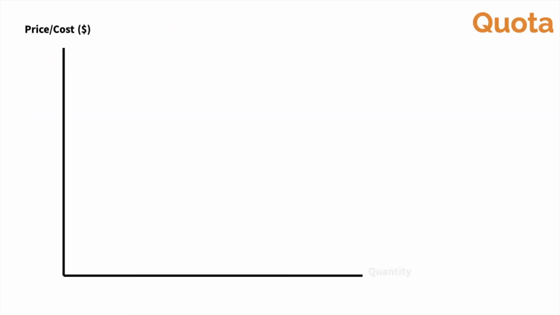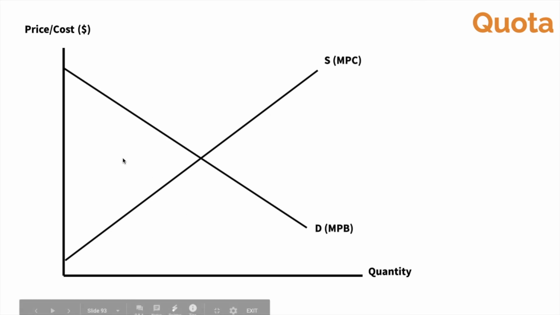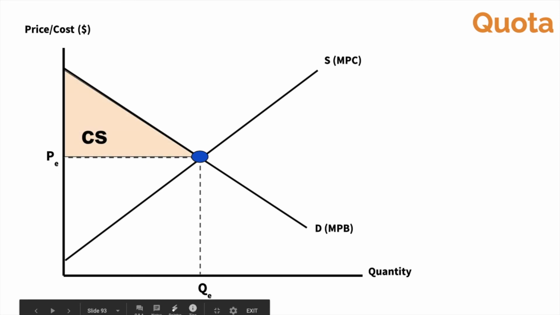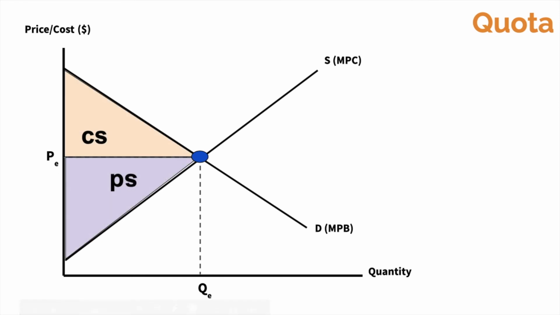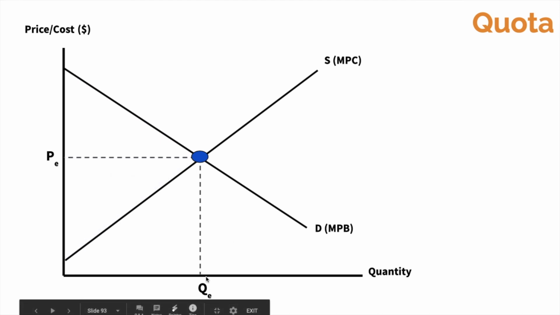So with a quota, we've got demand, supply, dollars on the y-axis, quantity on the x. There's consumer surplus and producer surplus. But what if this quantity is artificially limited?